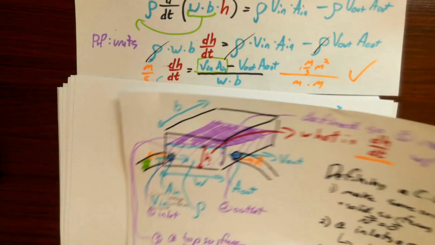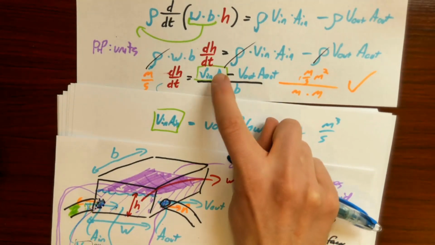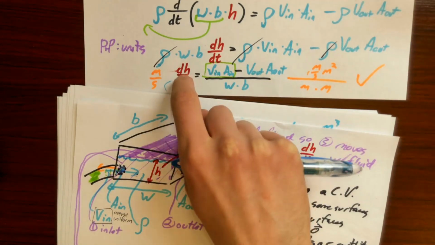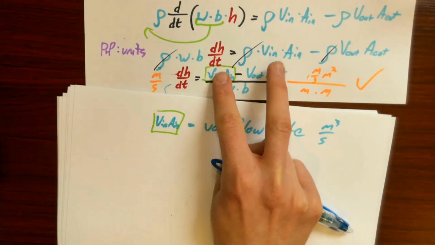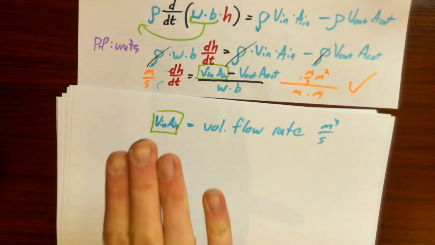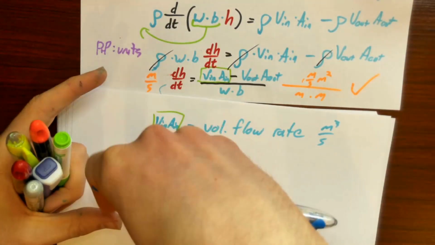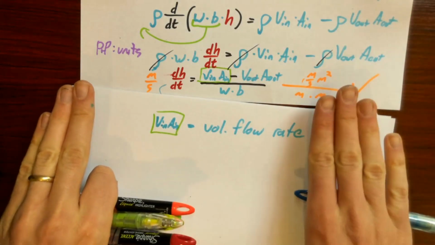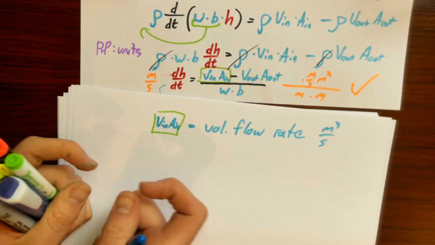If our v_out A_out, if our volumetric flow rate out is bigger than our volumetric flow rate in, then the fluid level in the media is going down. So that means dH/dt must be negative. If we have an imbalance in our volumetric flow rates, then dH/dt is going to go up and down more slowly the bigger the tank we have, right? If we have a really wide tank and a flow rate mismatch, it takes a lot more fluid to raise the level of a really wide tank than of a narrow graduated cylinder, right?